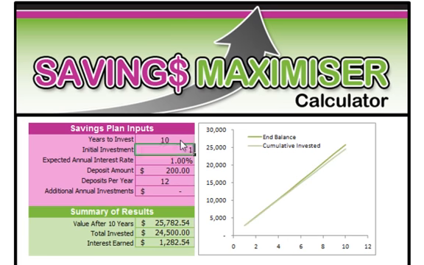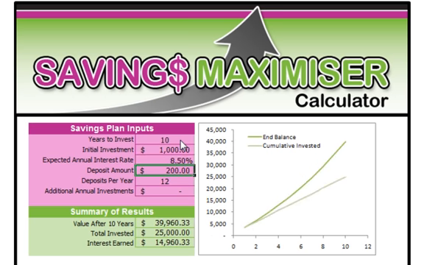Initial investment is $1,000. Now the expected annual interest rate for the managed fund that the financial planner has suggested that Grace goes into is 8.5%. As I mentioned, she's going to continue $200 a month contributions.